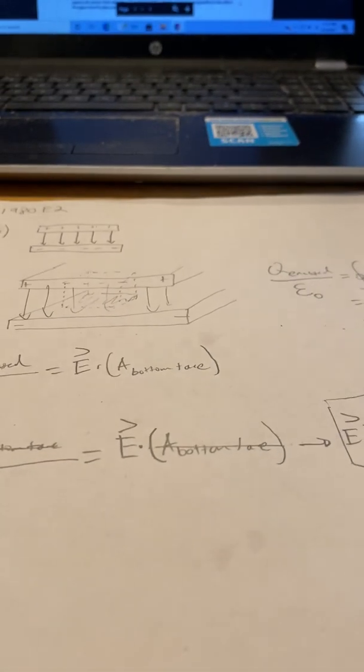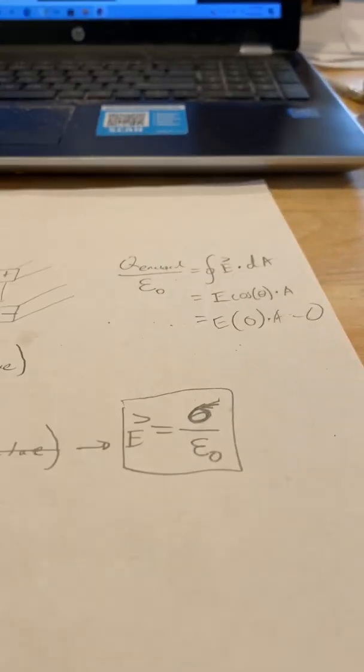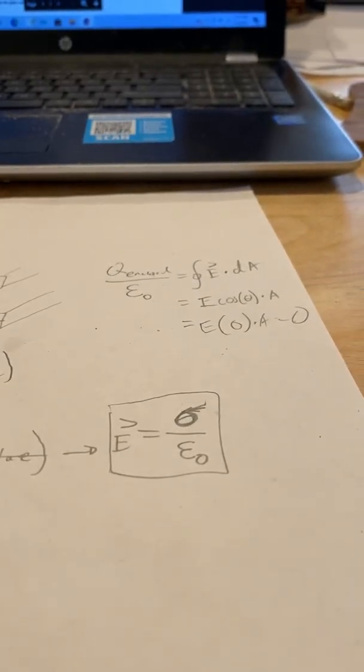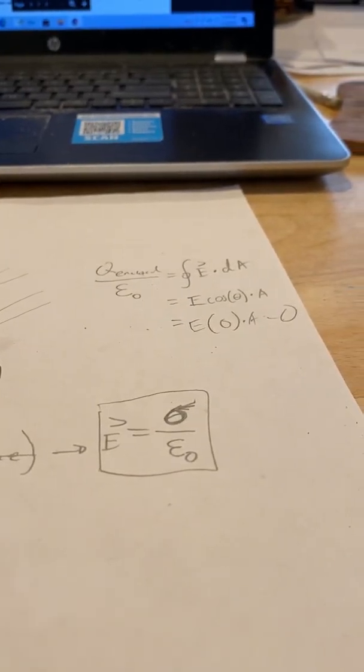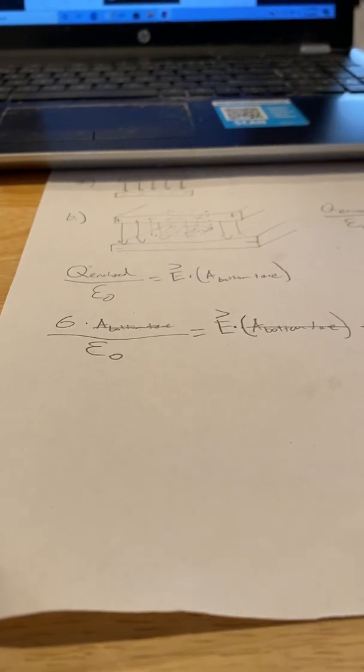So any point in between the two plates, ignoring the side effects that we're told to ignore, will have the same electric field magnitude, which is the charge density per unit area over the permittivity, epsilon naught in this case.